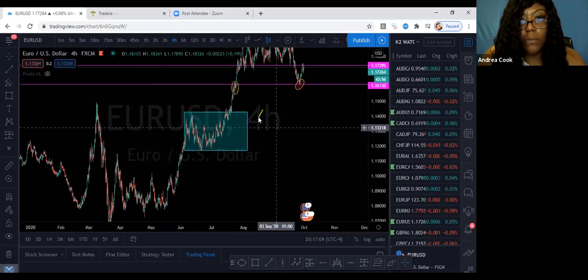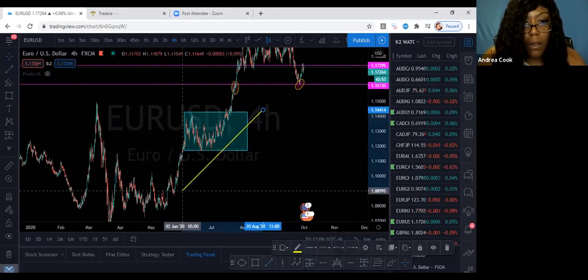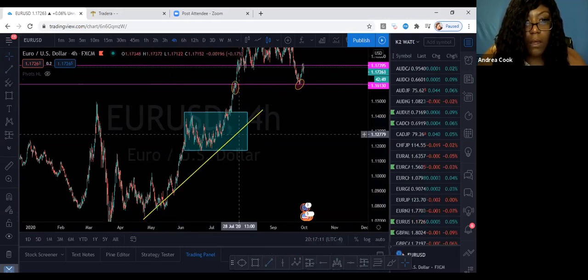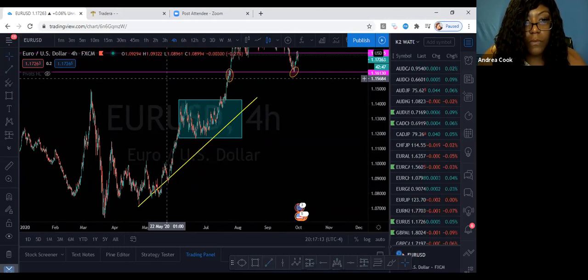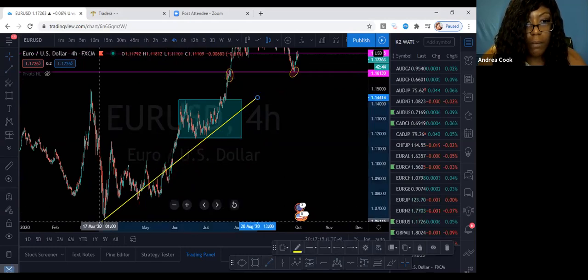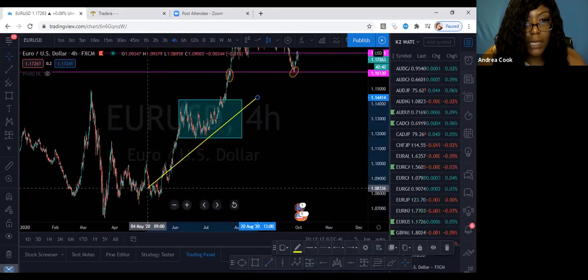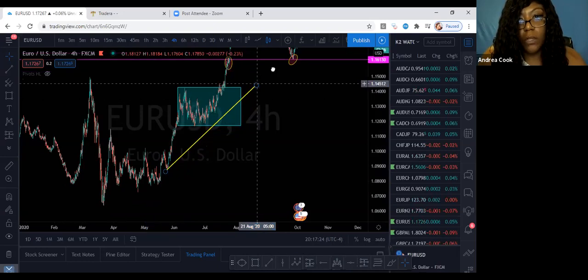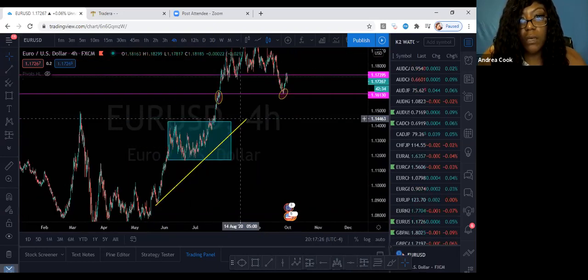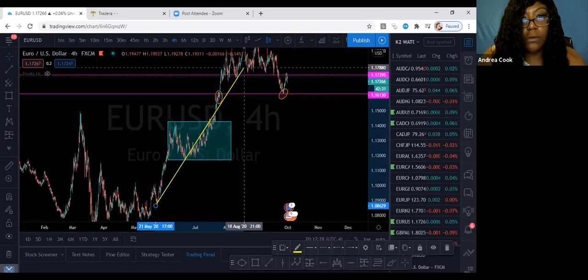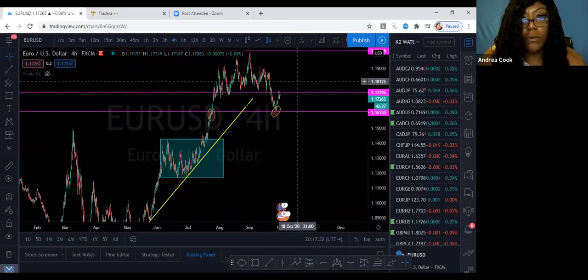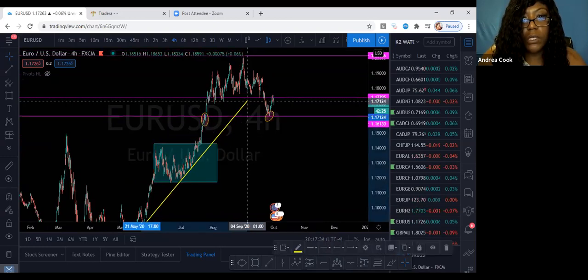All right, so this started in the bottom here, but then it went into consolidation. So we're actually going to start from here. And remember, we only need like two touches. Well, we got a bunch of touches here, right? Let me show you what we just learned.